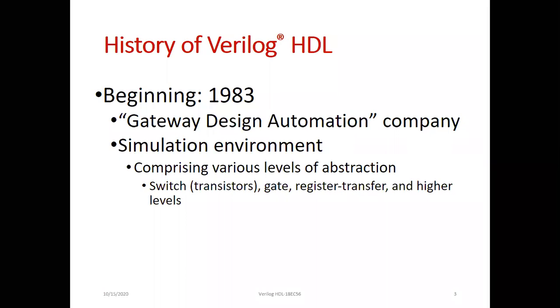Digital circuit design has evolved rapidly over the last 25 years. The earliest digital circuits were designed with vacuum tubes and transistors in the earlier days. Later, integrated circuits were invented, and logic gates were placed on a single chip.